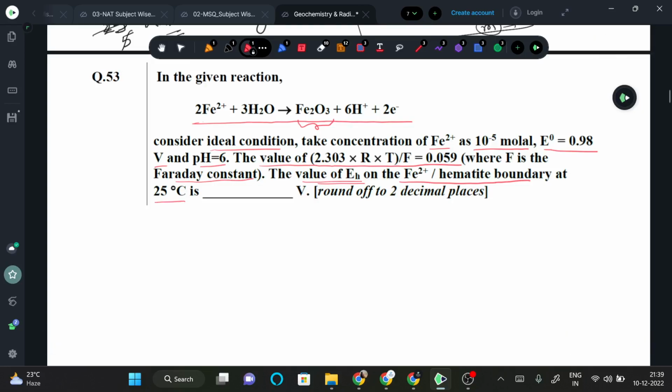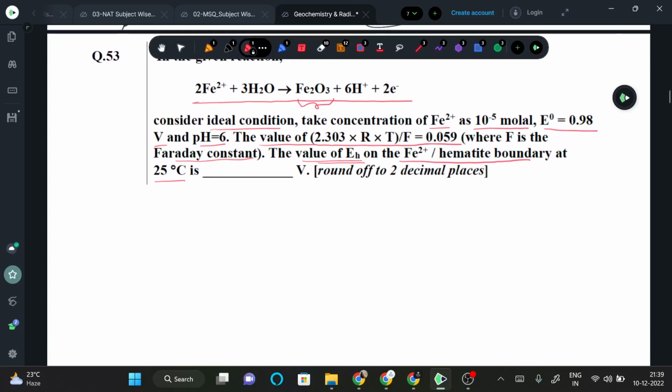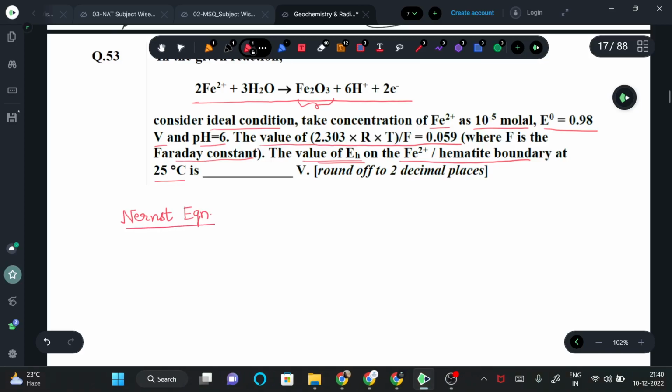Firstly, this question is actually based on the Nernst equation. If you must have heard about it, I don't know, let's discuss it over here. You all should know this equation. You all should remember this if you are appearing for GATE, and maybe they can even ask this if you are appearing in JAM.